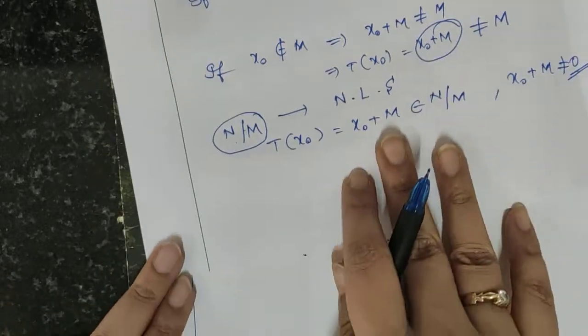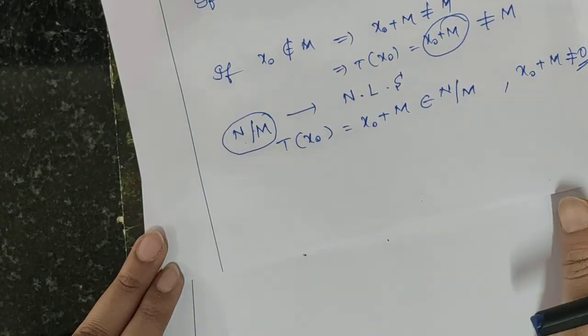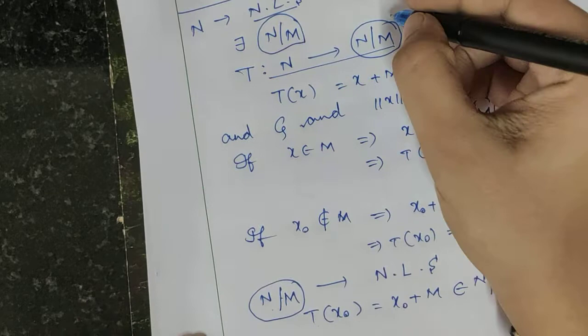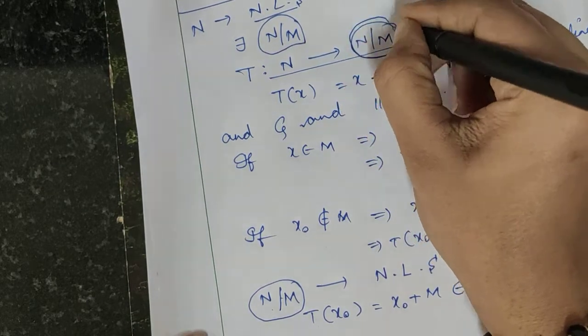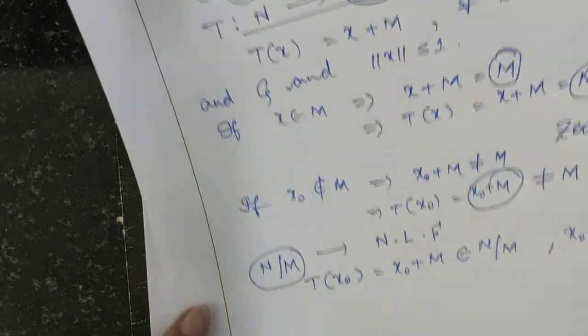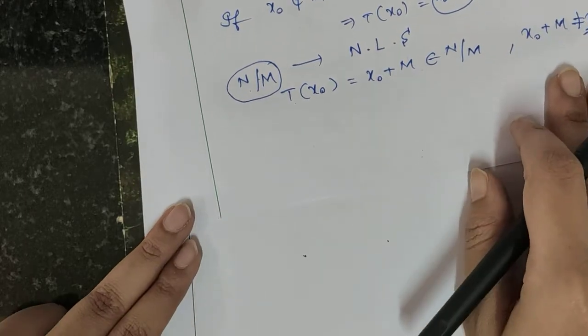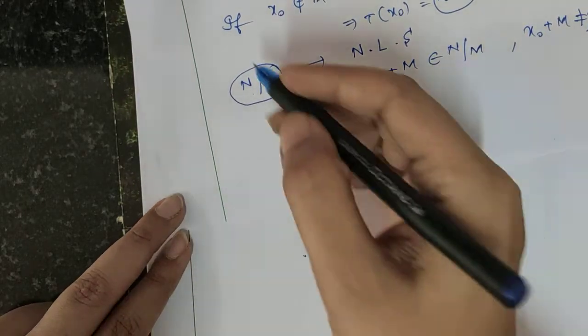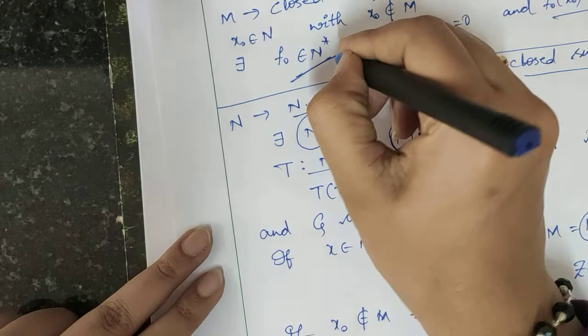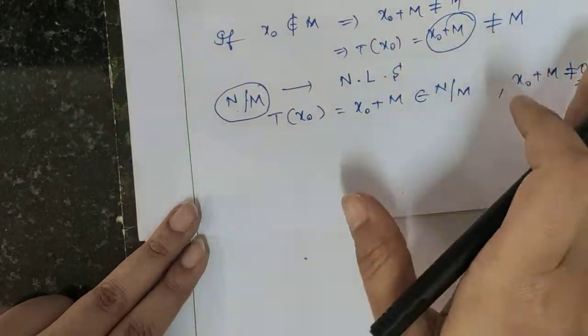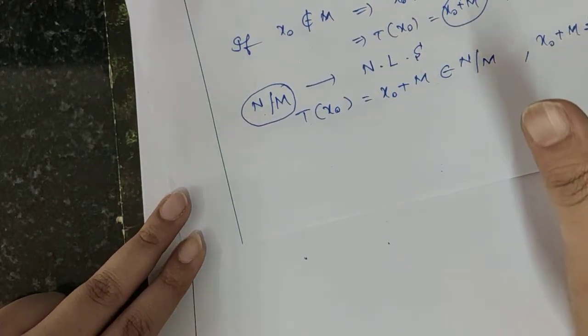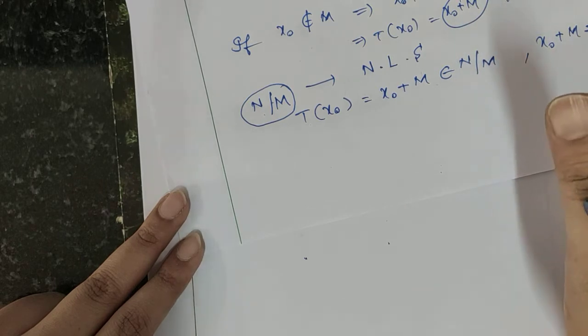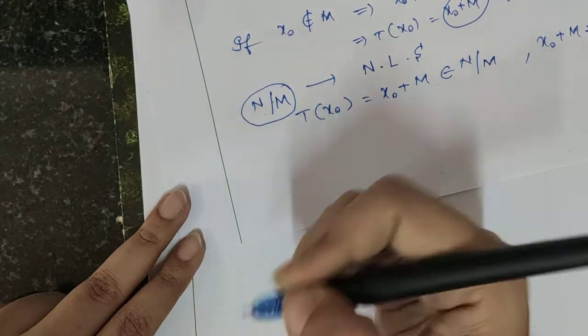So basically it is a normed linear space. If you go in particular about this, then you will say N by M is a quotient space. Now here they have given that f naught belongs to N star. So now our N star can be N by M, right? It is a conjugate space.